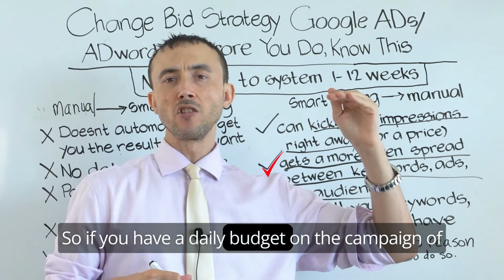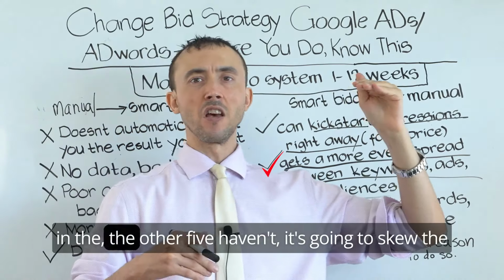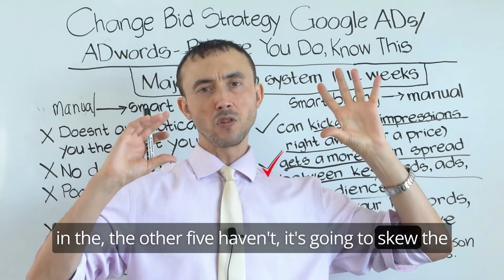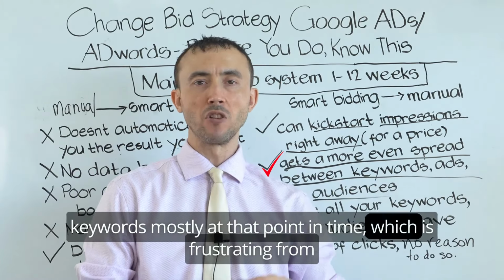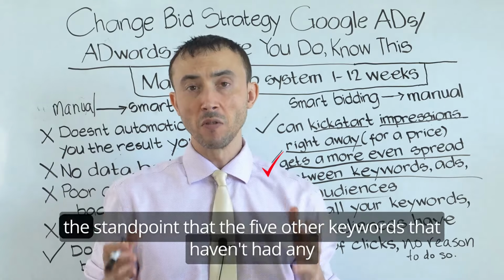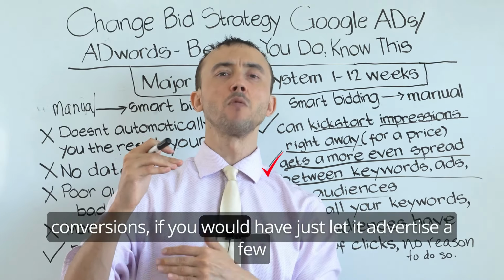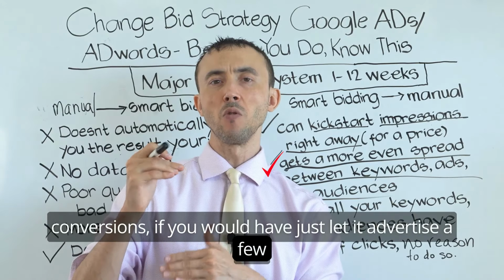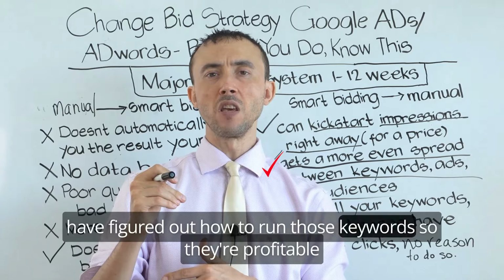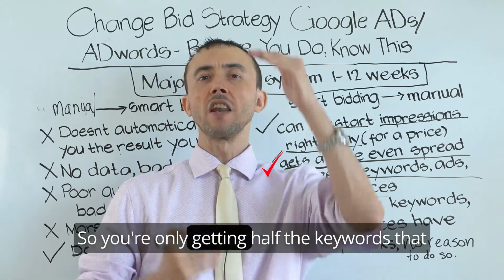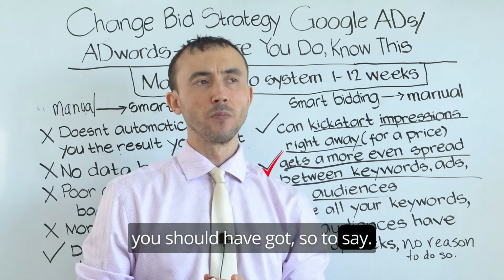So if you have a daily budget on a campaign of 100 a day, and it's gotten conversions from like 5 keywords and the other 5 haven't, it's going to skew the ad spend, that 100 a day ad spend, to those 5 keywords mostly at that point in time, which is frustrating from the standpoint that the 5 other keywords that haven't had any conversions, if you would have just let it advertise a few hundred more clicks or a few thousand more clicks, Google would have figured out how to run those keywords so they're profitable to you as well. So you're only getting half the keywords that you should have got, so to say.